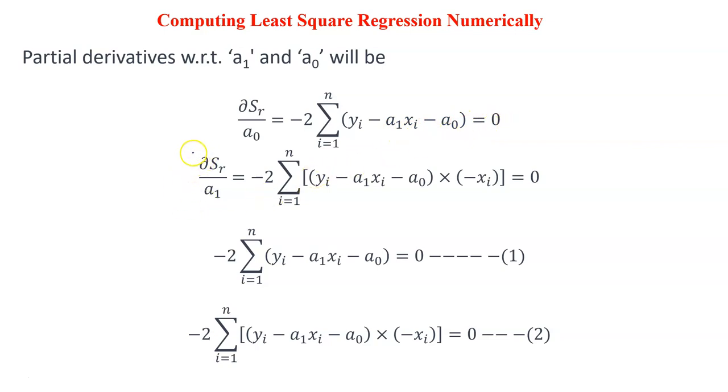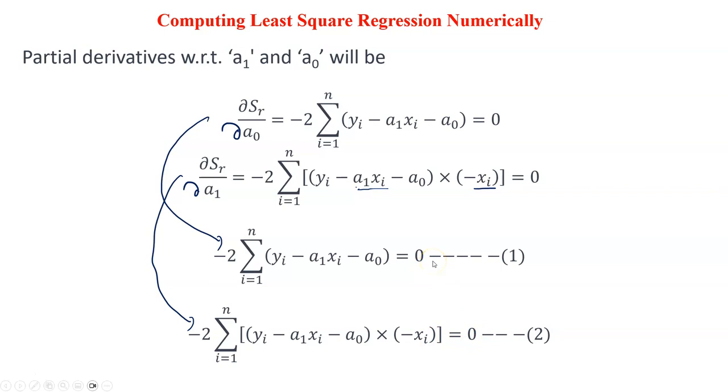Similarly, for the partial derivative with respect to A1, dou SR by dou A1, we get minus 2 summation of I equal to 1 to n, YI minus A1 xi minus A0, and here the minus xi term will come. So this is equation number 1, minus 2 summation of I equal to 1 to n, YI minus A1 xi minus A0, equal to 0. The other equation is minus 2 summation of I equal to 1 to n, YI minus A1 xi minus A0, into minus xi, equal to 0.